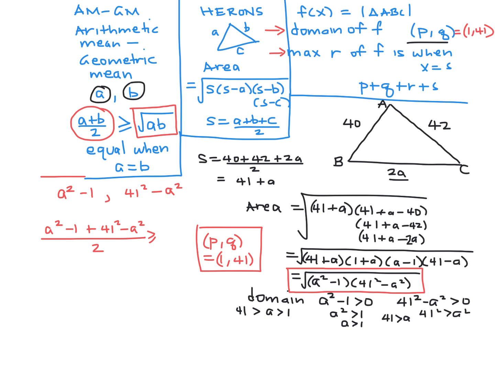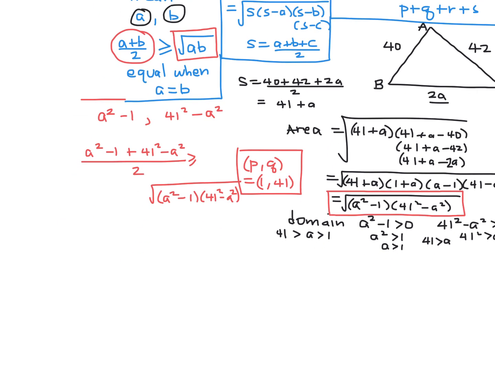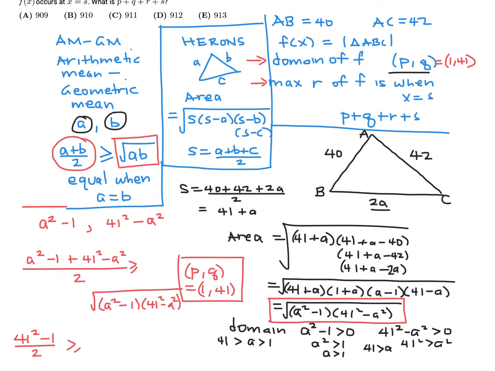Oh, I can't fit it in. So I'll just write it down here. A squared minus 1 times 41 squared minus A squared. You guys understand. Okay. So using that, if I clean this up a bit, I get 41 squared minus 1 all over 2 is greater than or equal to this guy, which is the area. Yeah, which is the area.